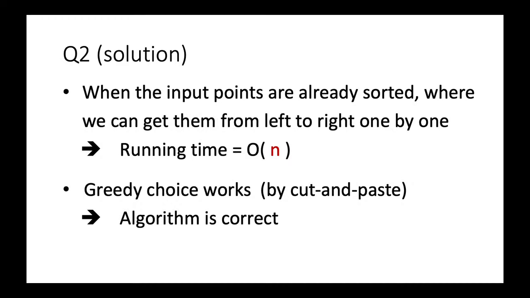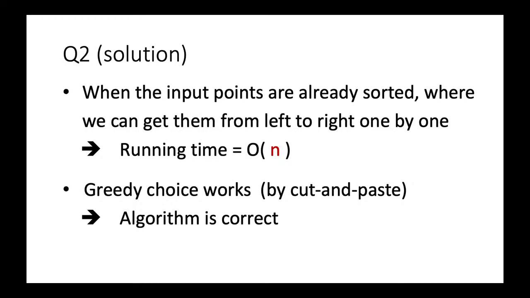So for the greedy choice to work, we need to consider what happens if a certain optimal algorithm doesn't do the same thing as we do. So what are the cases that we must see?